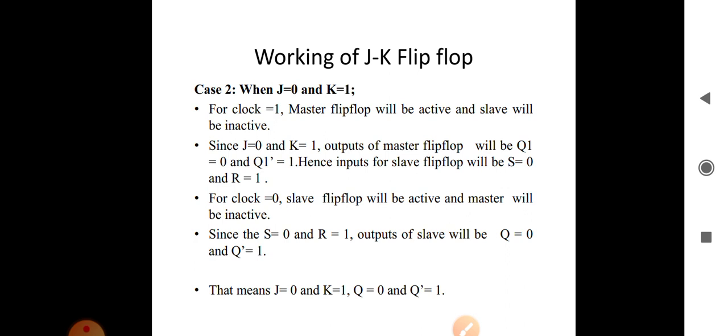So same answer you are getting here. So for J is equal to 0, K is equal to 1, Q is equal to 0 and Q complement is equal to 1. Same answer. For next one, for J is equal to 1 and K is equal to 1, the same condition repeats here. Let us just see here.